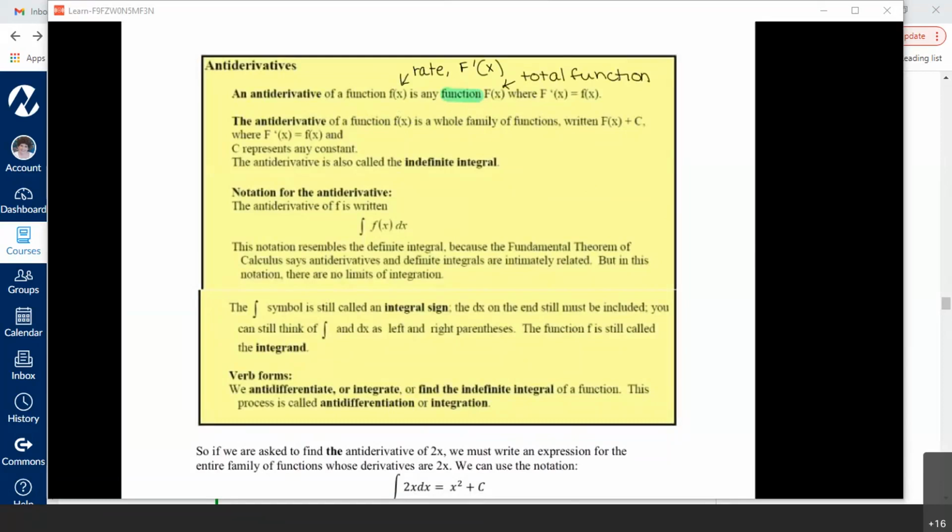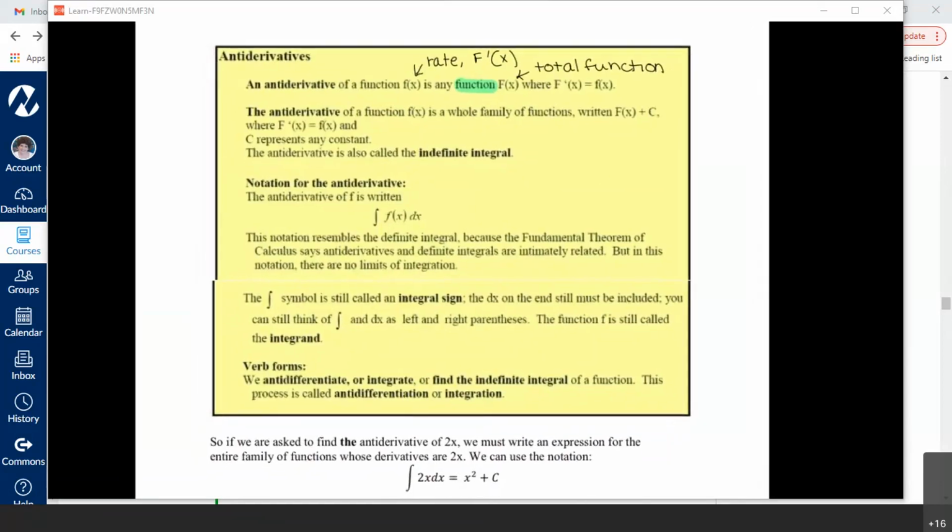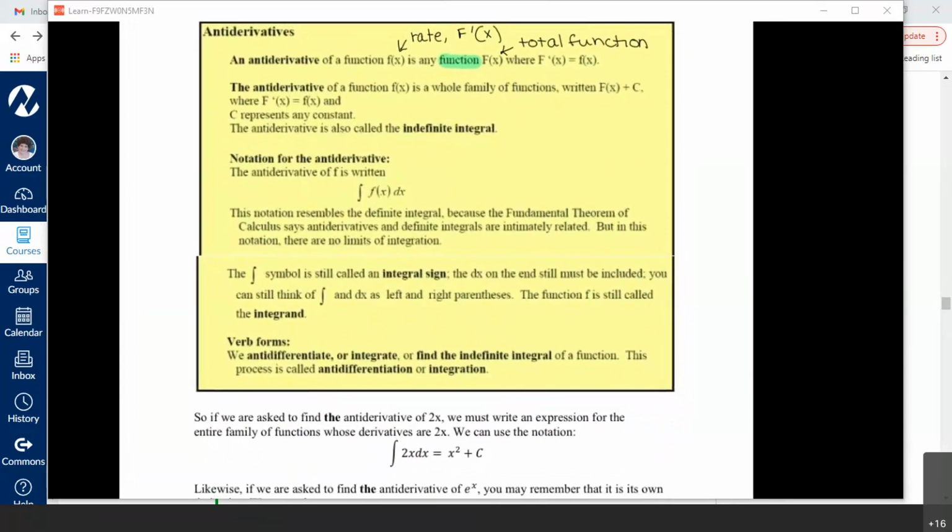The antiderivative is a whole family of functions, and you write them with a constant of integration. The antiderivative without bounds is called an indefinite integral, so sometimes people will use that terminology. A definite integral has numbers on the top and the bottom of the sum sign, telling you where you're evaluating it between.